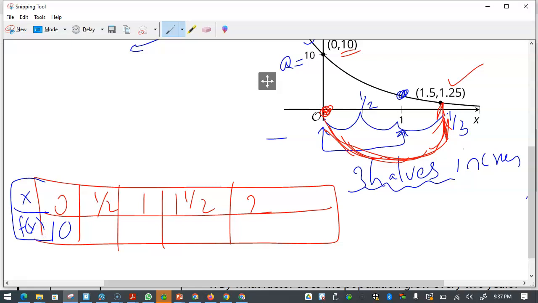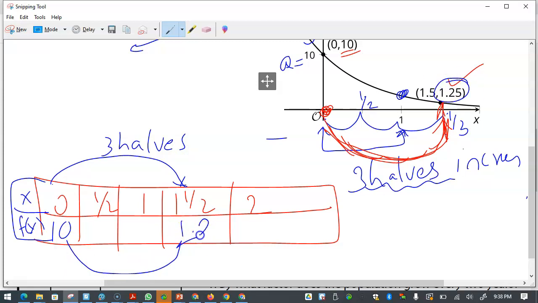So for the increase from 0 to 1, there are three halves, as I was saying, and the number goes from here and becomes 1.25. So what is the factor? So that is b. I'm not talking about this b. Don't get confused.